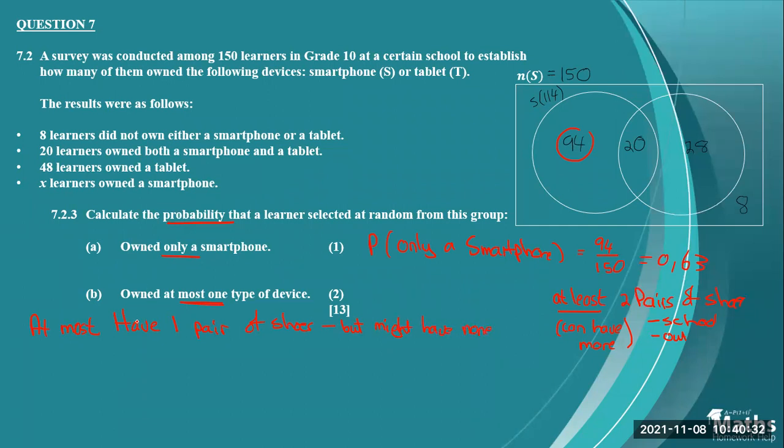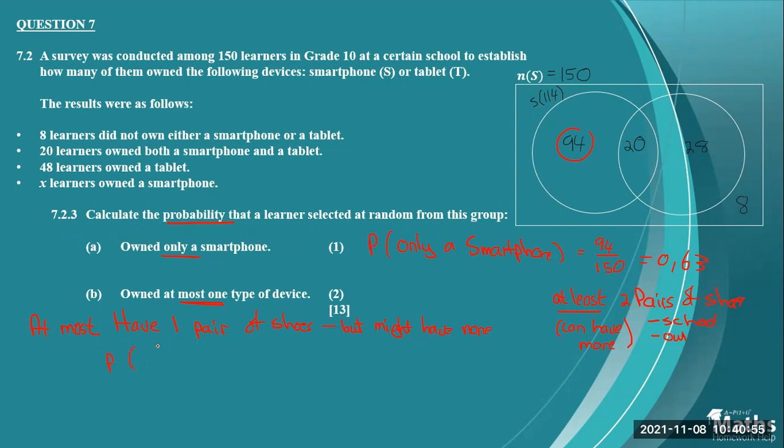So in some of the poor schools, we will say that at the most, they will have one electronic device. They won't have two. They will have at the most one type, but it could be that they also have none. So let's see, how would we fill that in?